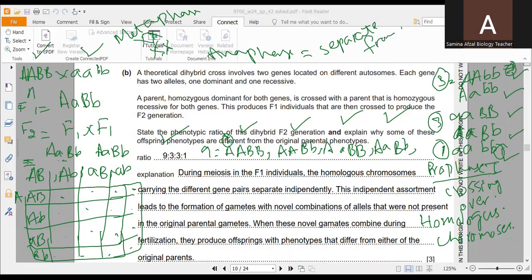And in this way, each daughter cell will have a different combination of genes. So this is the reason that in F1 and F2, the offsprings' phenotypes are different from the original parents' phenotypes.